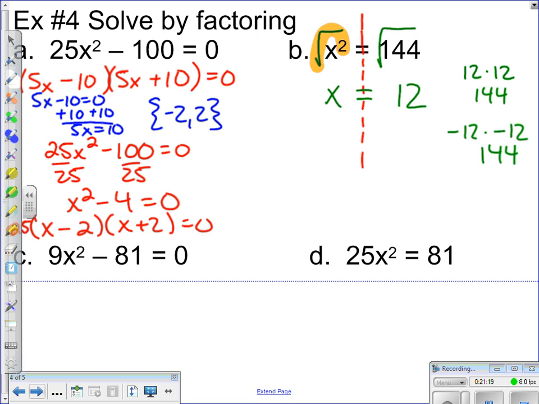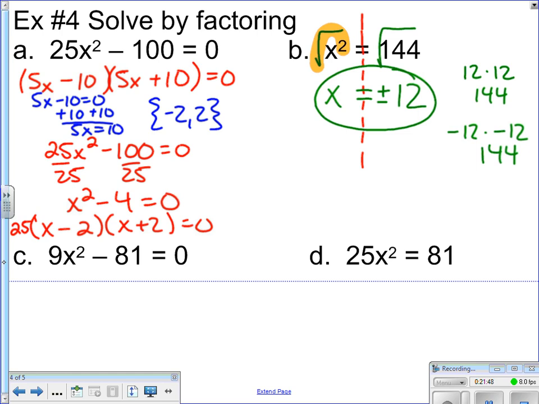So technically the square root of 144 is not just 12, it's 12 or negative 12. So you can write a plus and a minus sign in front of the 12 so you don't have to write the number 12 twice. So x is negative 12 and positive 12. You can simply write that to save time.